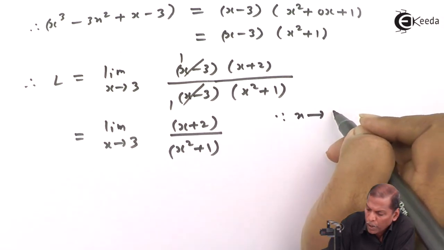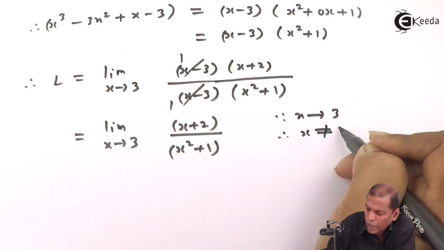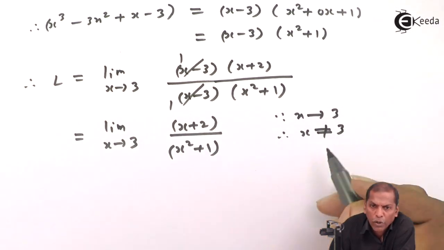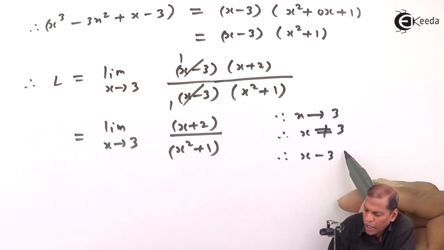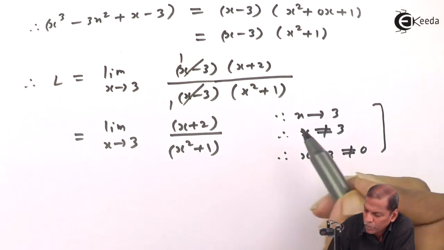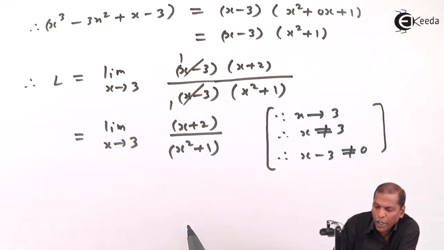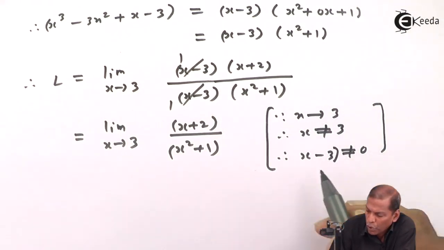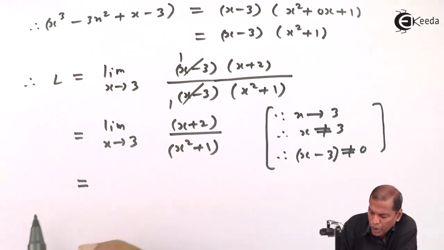Since here x tends to 3, therefore x is not equal to 3, therefore x minus 3 is not equal to 0. It means we can cancel x minus 3 from the numerator and denominator.